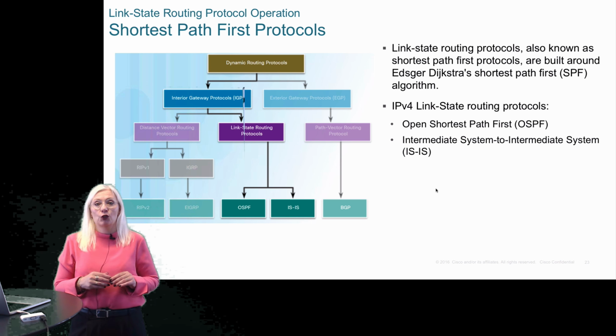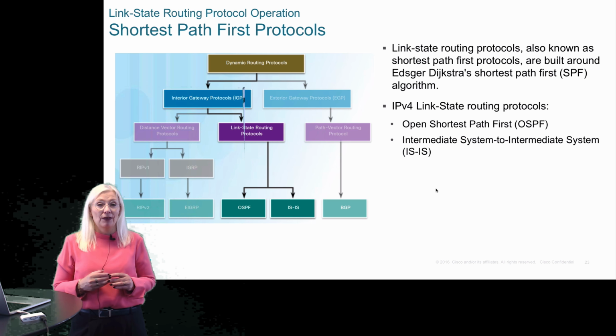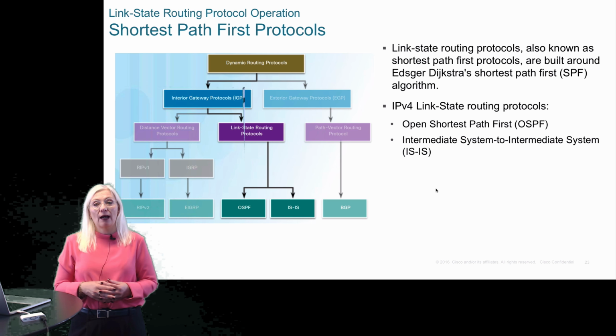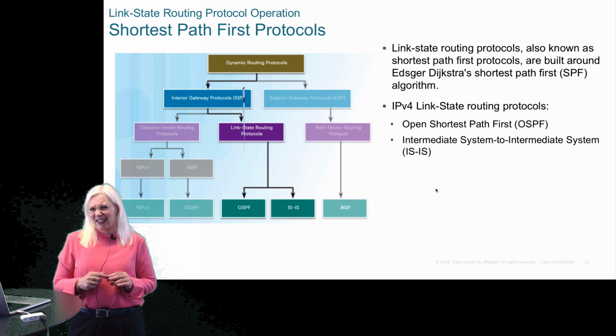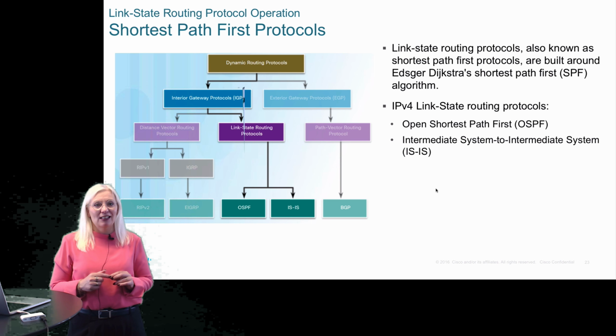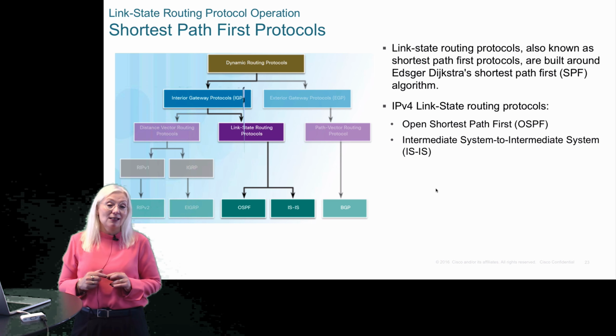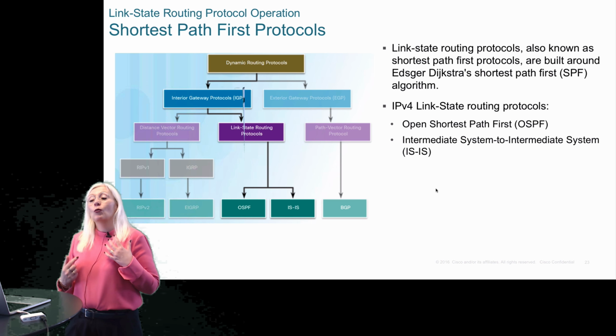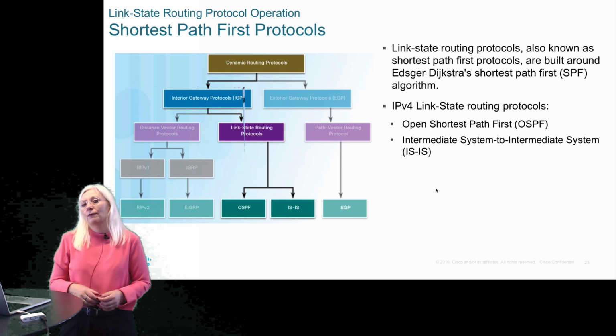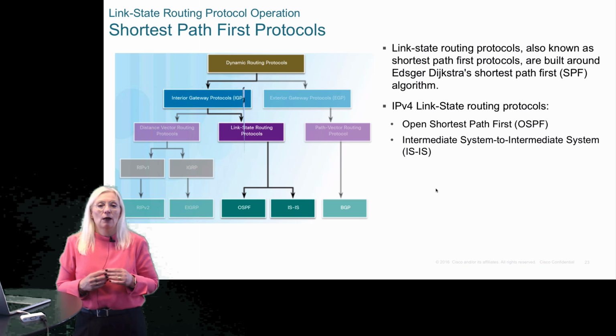If we look at the link state routing protocols, we have two different ones: OSPF and IS-IS, which is the Intermediate System to Intermediate System protocol. We will work with only the OSPF protocol, which is an open standard for the link state protocols.